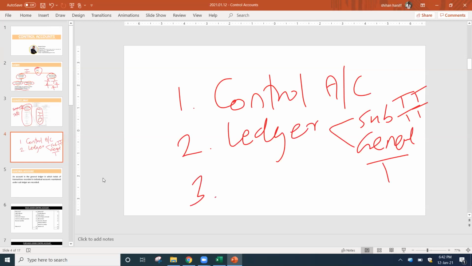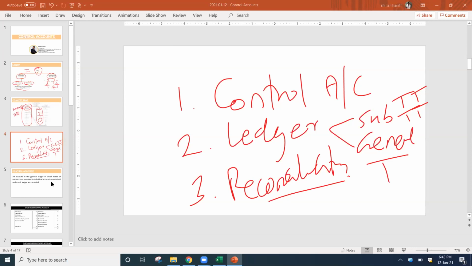Number 3 is reconciliation, like debtors and creditors reconciliation, where you compare the general ledger control account with the sub-ledger individual accounts. So I will explain this chapter under 3 parts: control account, ledger, and reconciliation.